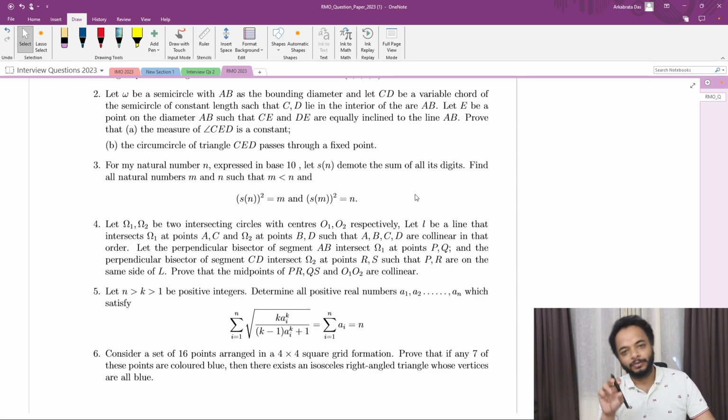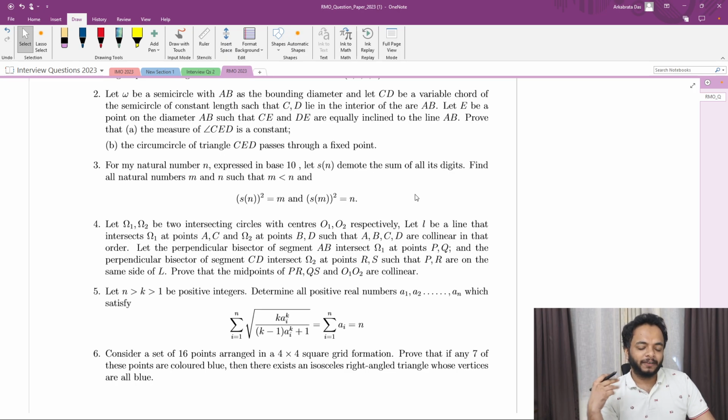Take any natural number n and expand it as 10 to the power k a_k plus 10 to the power k minus 1 a_(k-1) and so on. Take it under modulo 9 and you'll see that you are getting the sum of the digits. So any number is congruent to the sum of its digits under modulo 9, and even under modulo 3.